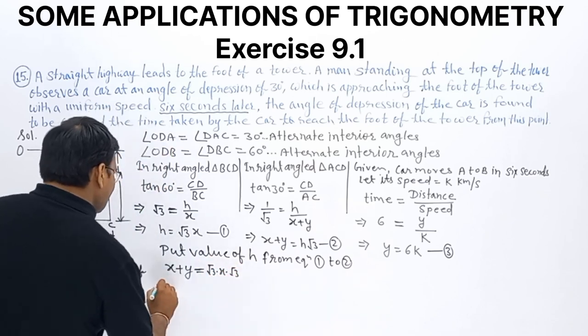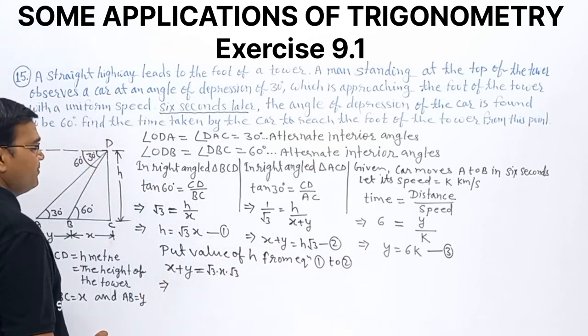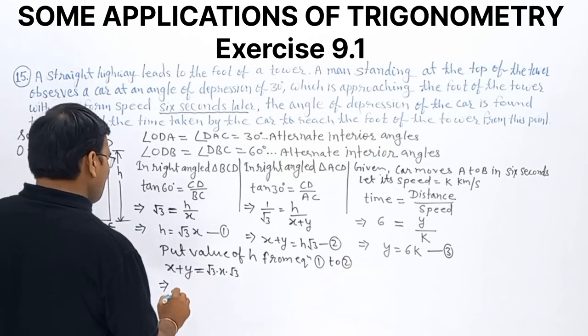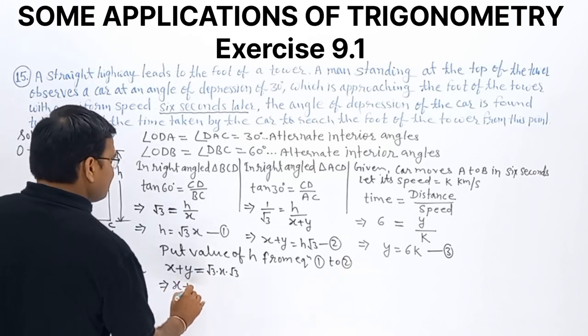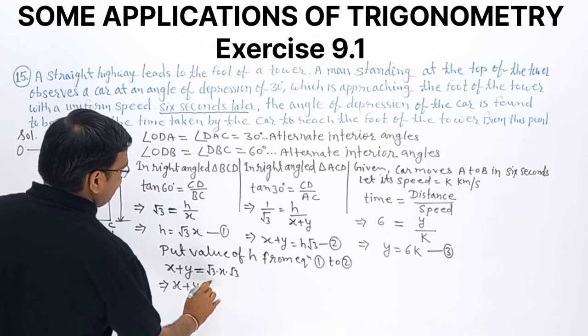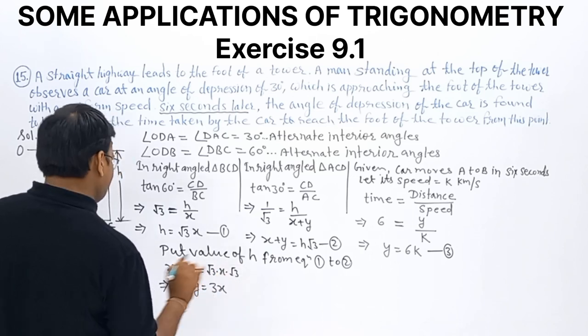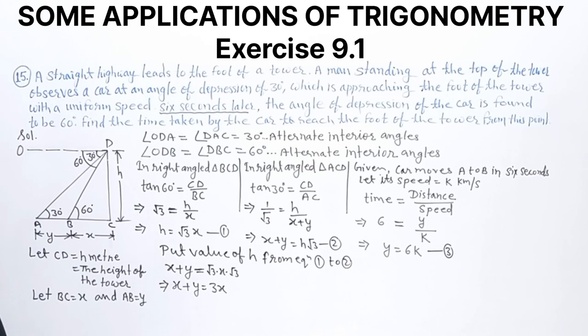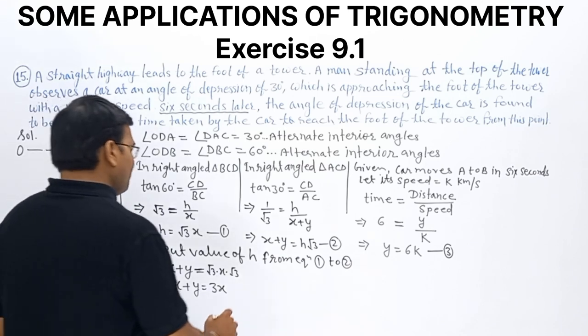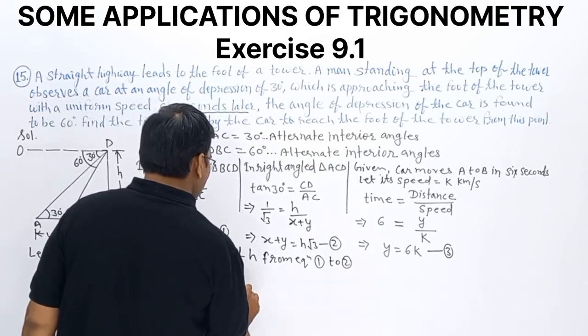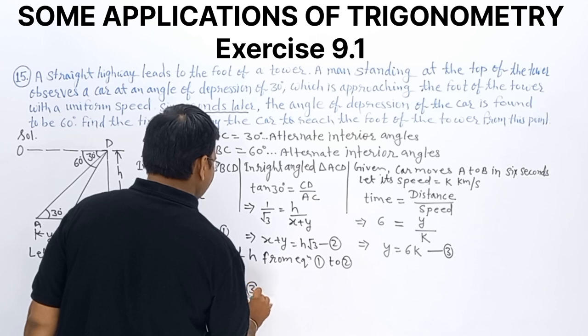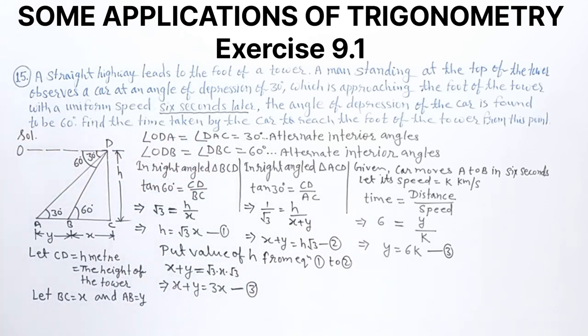Solve this one. x plus y will be equal to square root of 3 into square root of 3, which will be 3x. Clear? And this will be equation number 3.